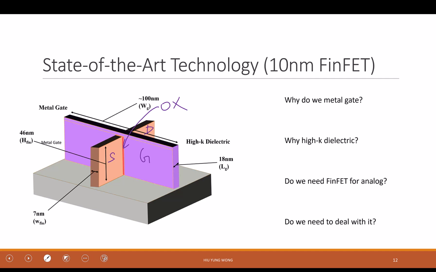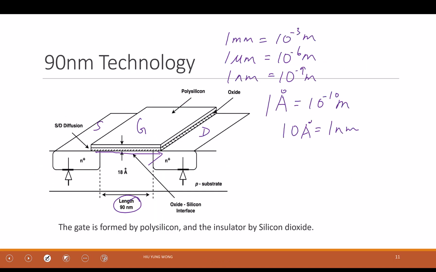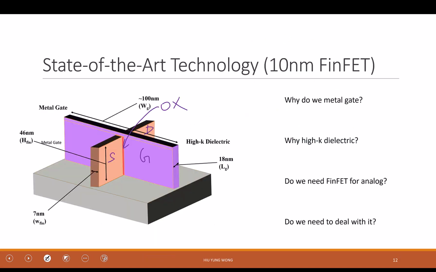So a few questions to you, right? Why do we use metal gate? Just now I said that we use this polysilicon gate. I think you can imagine, because metal gate has a higher conductivity, right? So it is going to reduce the RC delay. Because for the gate, in order to turn on the transistor, you need to apply a gate pulse.